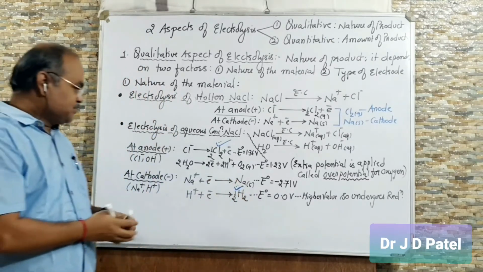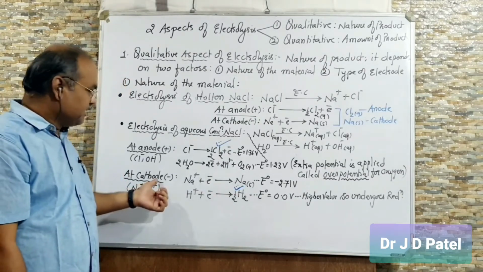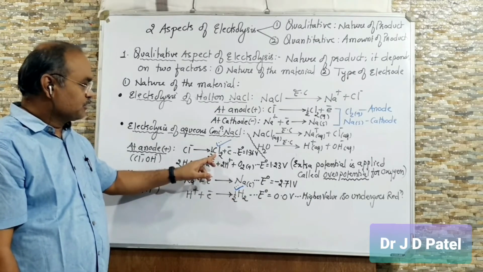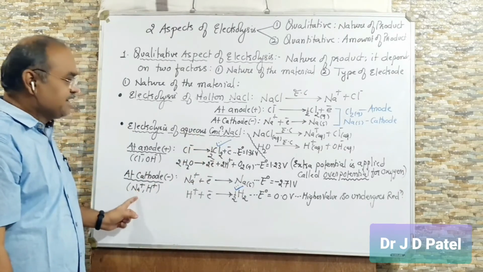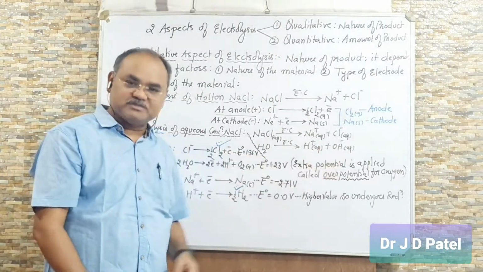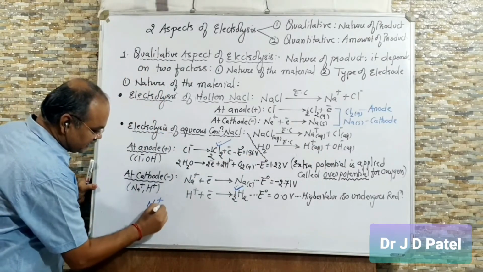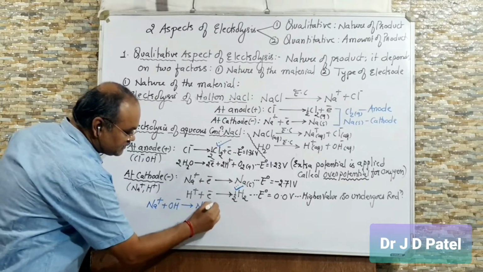Then what is the product obtained at cathode? At cathode, the product obtained will be hydrogen gas. At anode, the product obtained will be chlorine gas. And one more important point, Na plus will combine with OH minus and give NaOH.